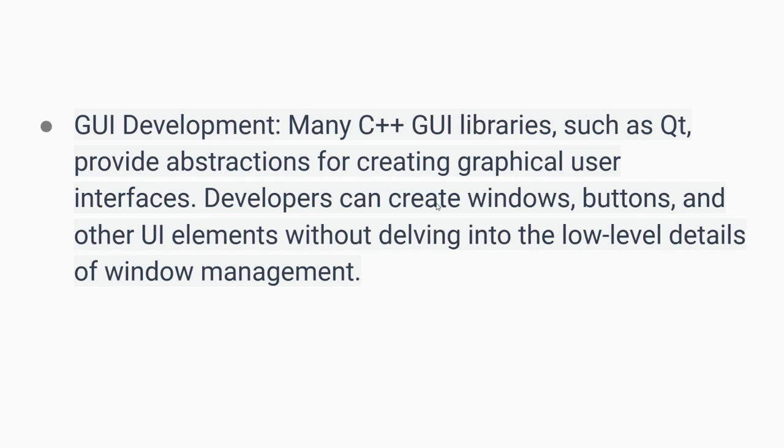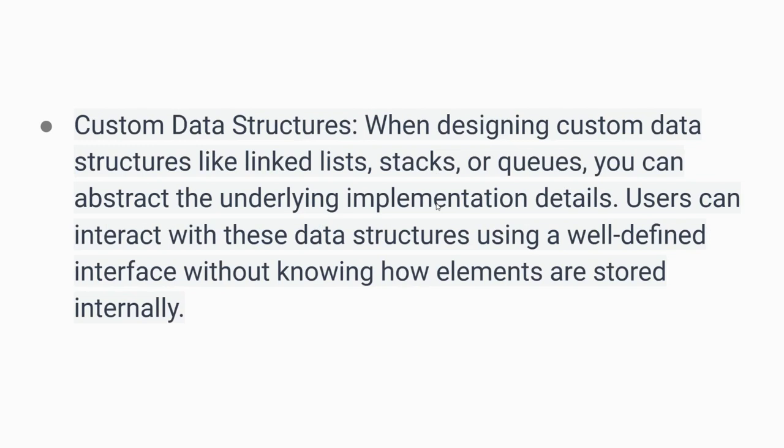Third one is GUI development. Many C++ GUI libraries such as Qt provide abstractions for creating graphical user interfaces. Developers can create windows, buttons and other user interface elements without delving into the low-level details of window management.